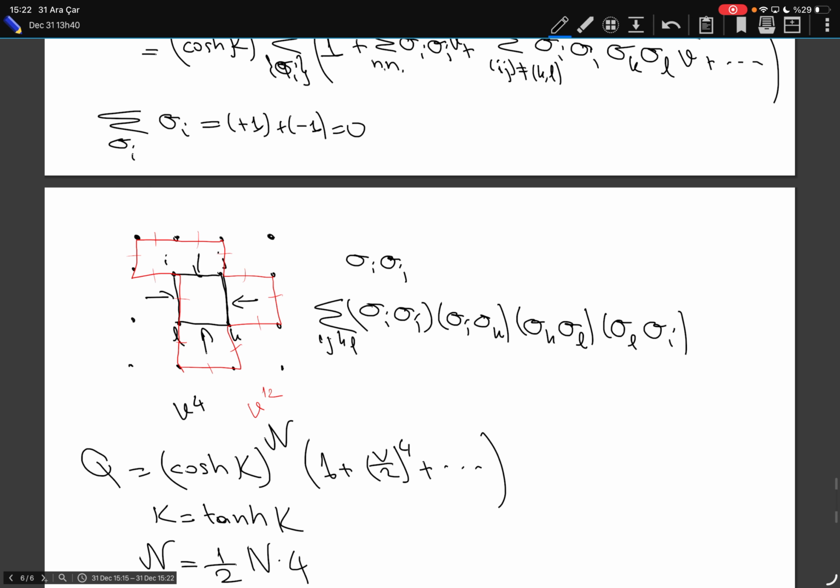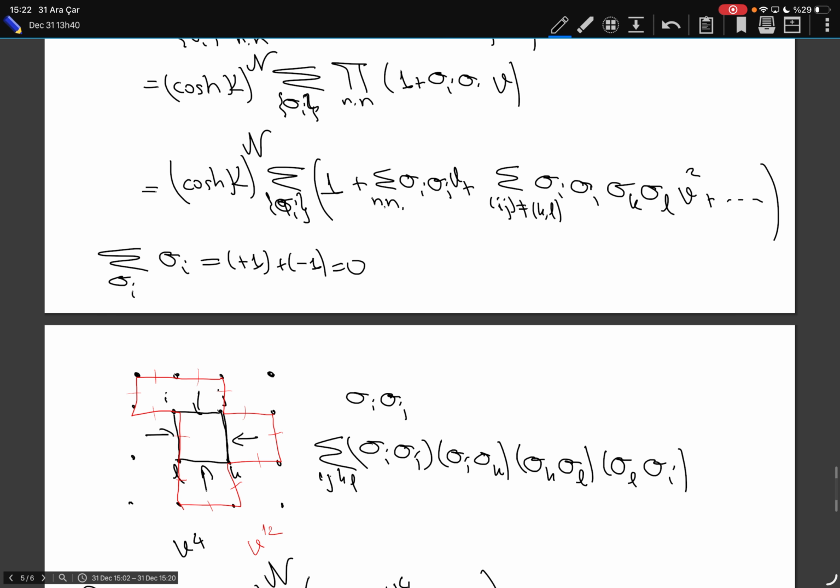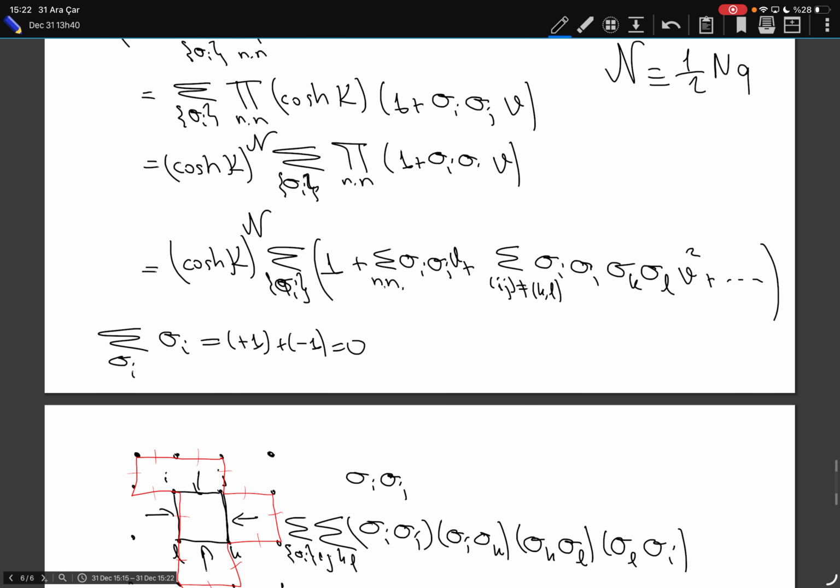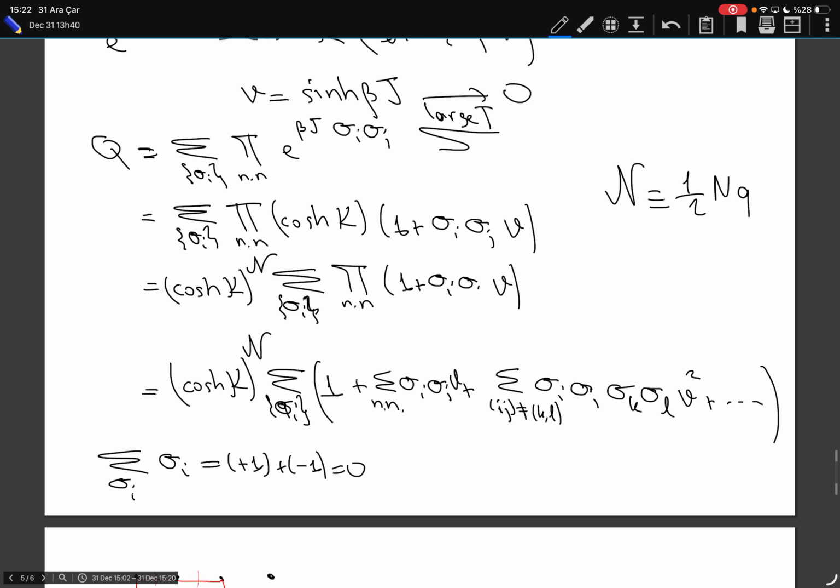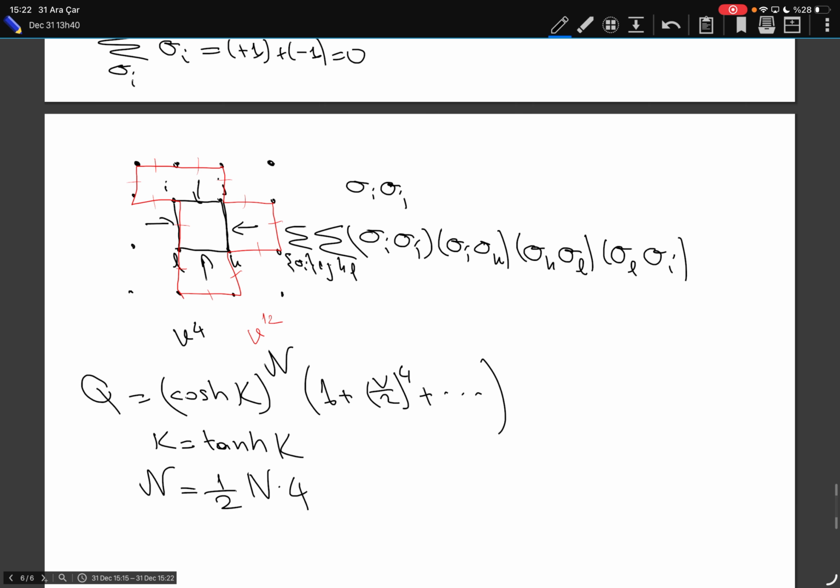I have this summation over ijkl, and then a summation over sigma I. Now, the sum over ij, sigma i, sigma j, sigma k, sigma l will give me this 1 over 2 factors.